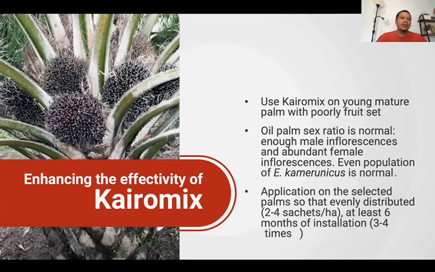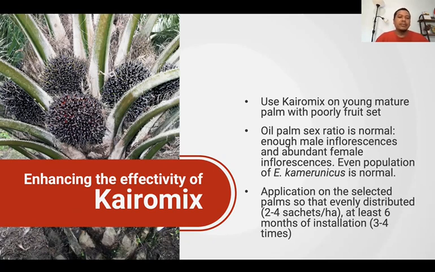However, there are some important notes that can be used as guidelines to make the application of Kairomix more effective. It is carried out on young mature palms with a very low percentage of fruit set, for example less than 40% or maybe below 20%. Then the block has a normal sex ratio.